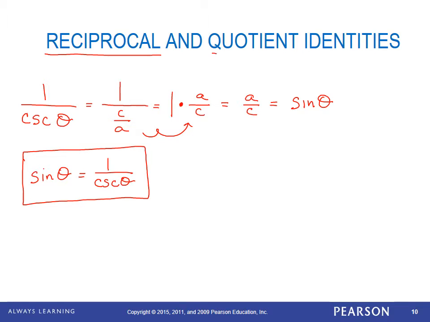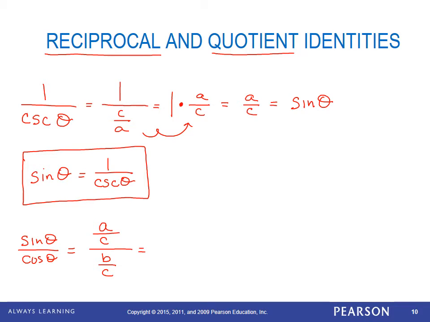Let me take a look at a quotient identity as well. So let's start off with sine, the easy one here, sine theta over cosine theta. I wonder if this is going to be some kind of identity. By definition, sine is opposite over hypotenuse. Cosine is adjacent over hypotenuse.